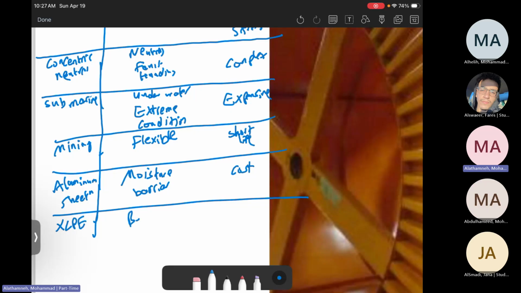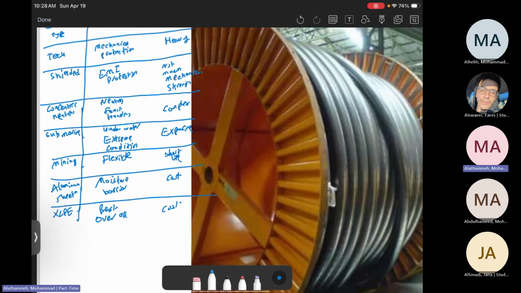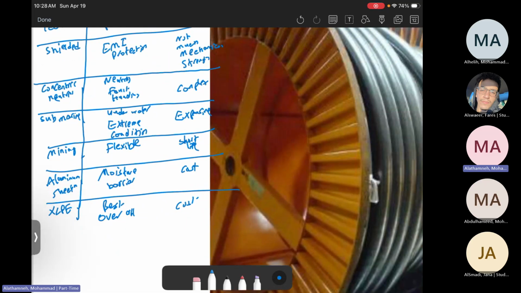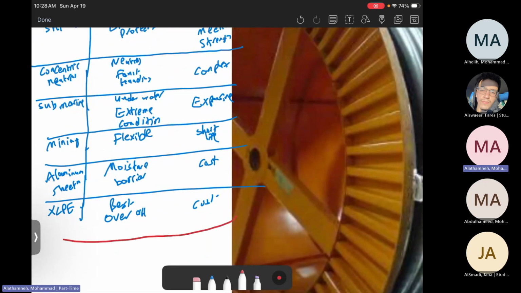XLPE is the best overall, but the problem is the cost. Which one should I use? It depends on the location and the challenges that you have, if it is underground, submarine, or if you need to worry about mechanical protection, etc. But what we are recommending right now, and this is the modern, is this one. So this is the standard nowadays.